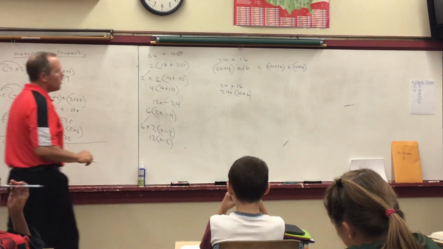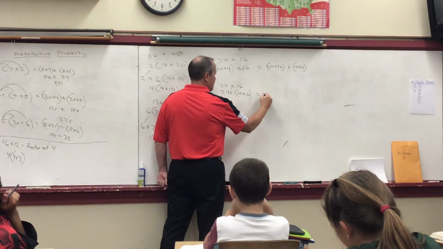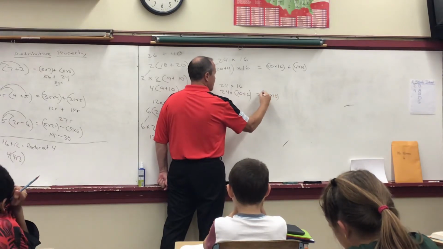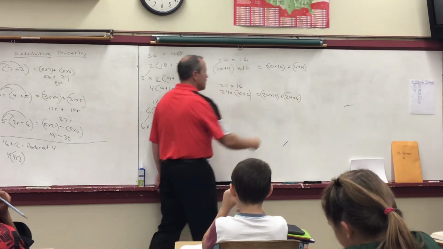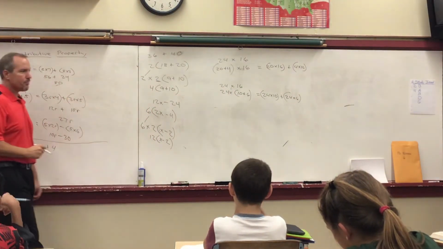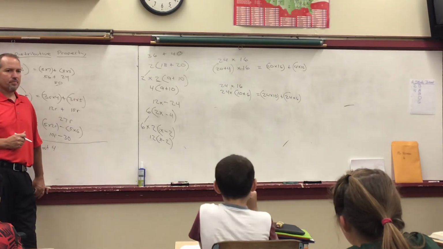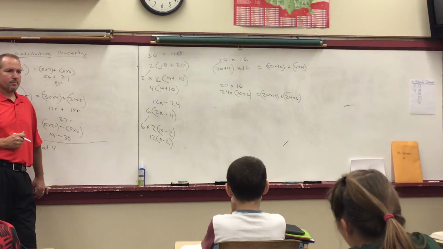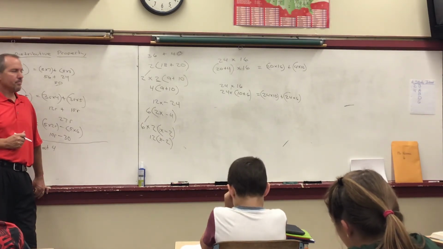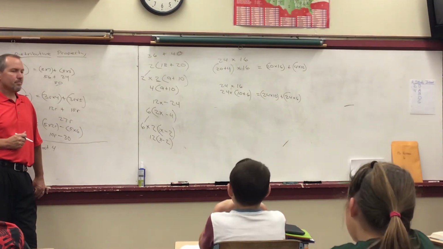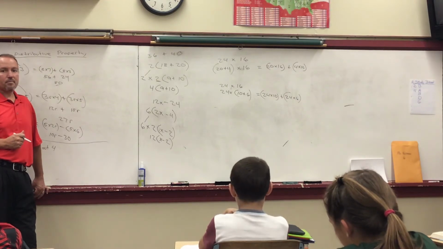So now, if we break the 16 into expanded form, it would look like this: 24 times 10 plus 24 times 6. Okay.